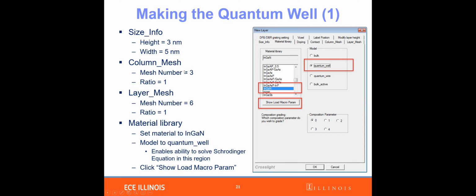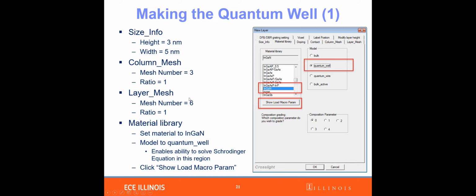We similarly use the same mesh number for column mesh and the same number for layer mesh. But you need to know that because the height is different between the indium gallium nitride quantum well and the gallium nitride barrier, here we have 3 nanometer. This 3 nanometer will be discretized by 6 meshes.